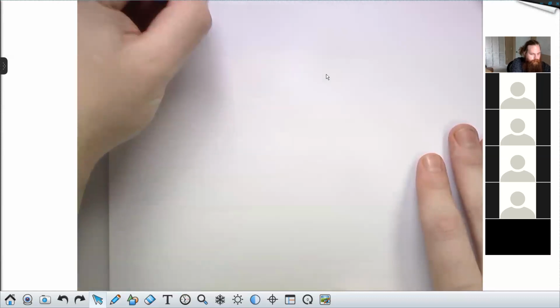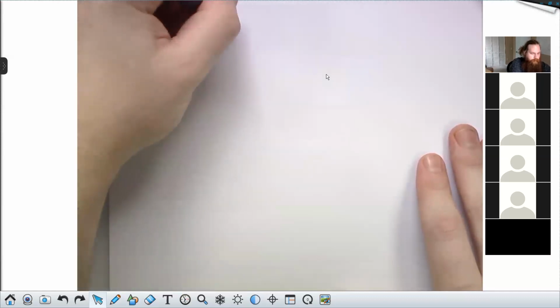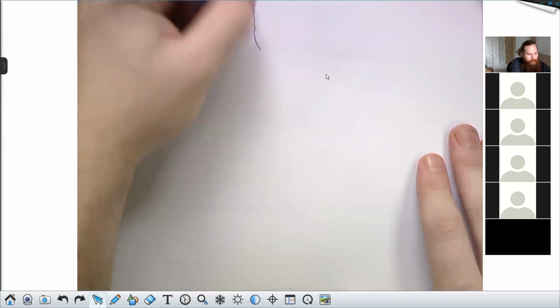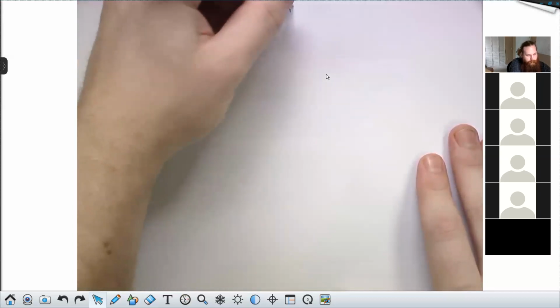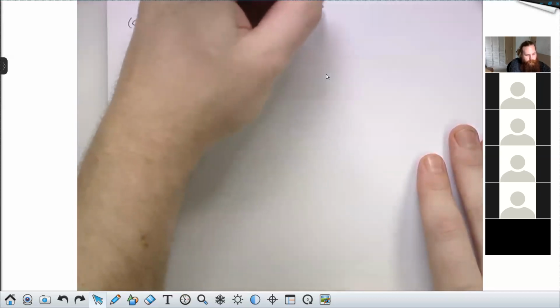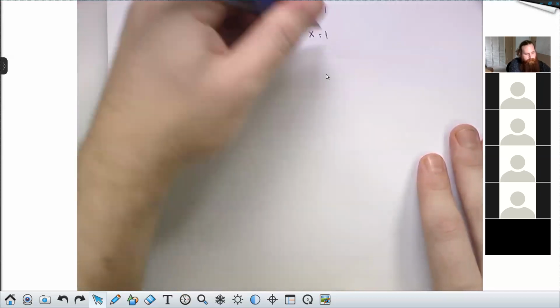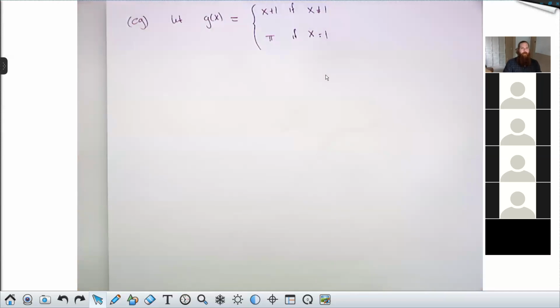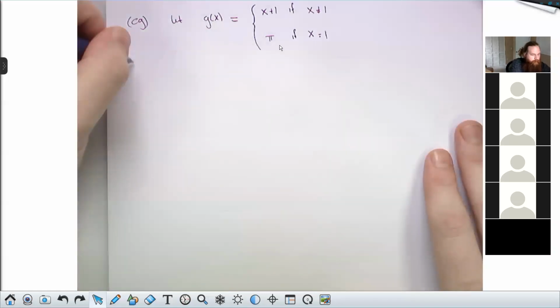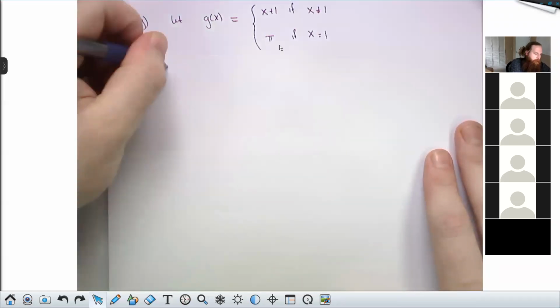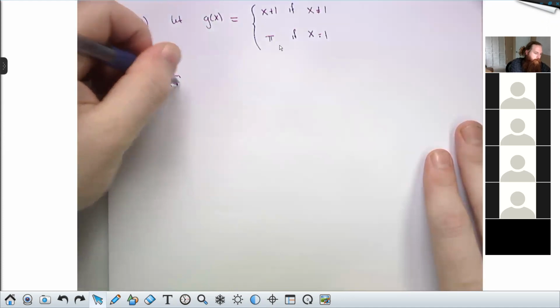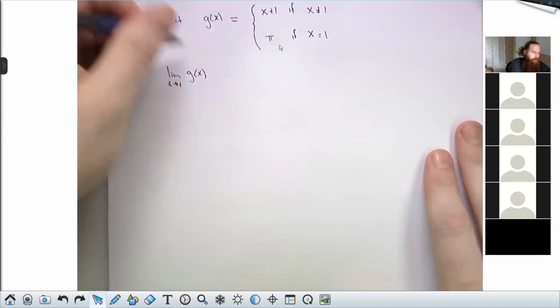So let g of x be x plus 1 if x is not equal to 1, and be equal to pi if x is equal to 1. Here you could make use of that theorem right away. So g of x is this guy everywhere except at 1. At 1 he's equal to this guy. We want to find the limit as x approaches 1 of g of x.